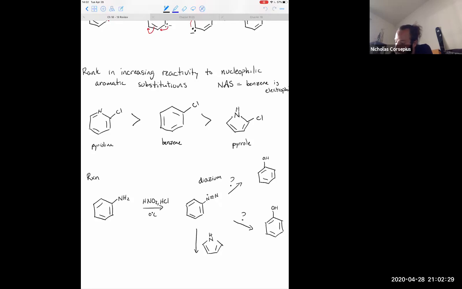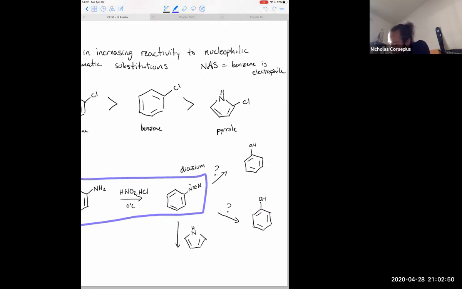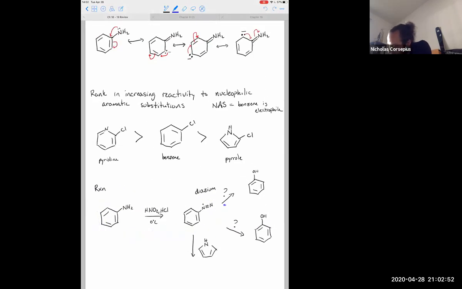Okay, so this reaction right here is very important in order to convert this aniline, this amine group, to a good leaving group, which then I can treat with any number of nucleophiles to replace in an NAS type reaction. So first of all, let's now focus on this one and this one here.